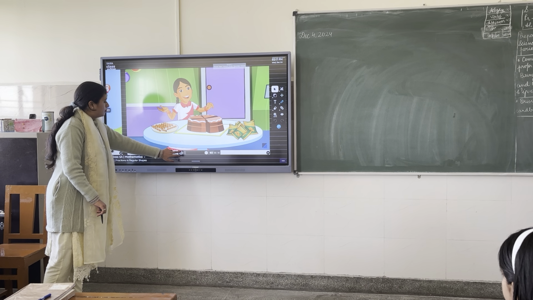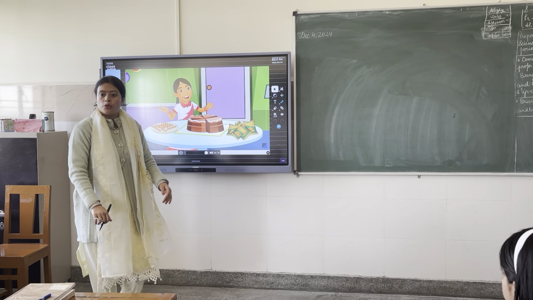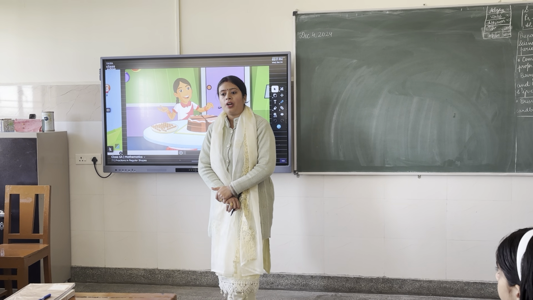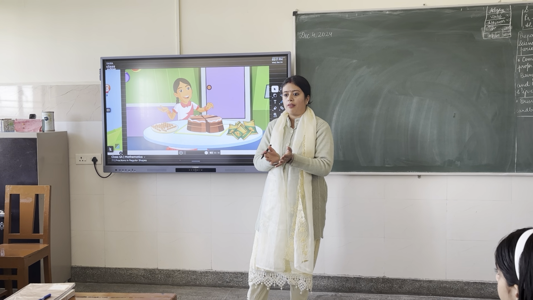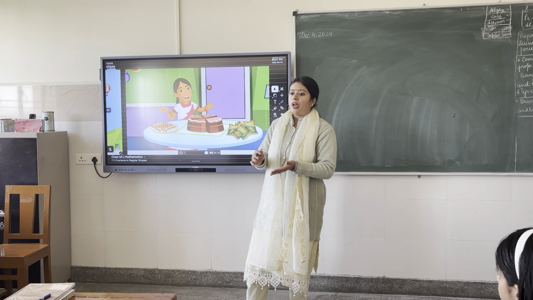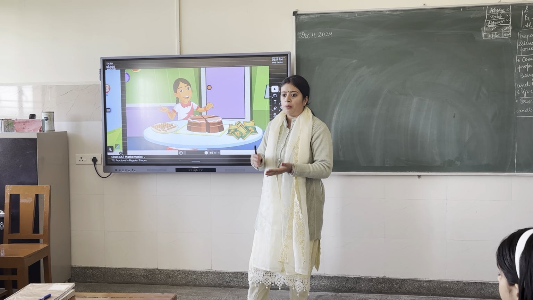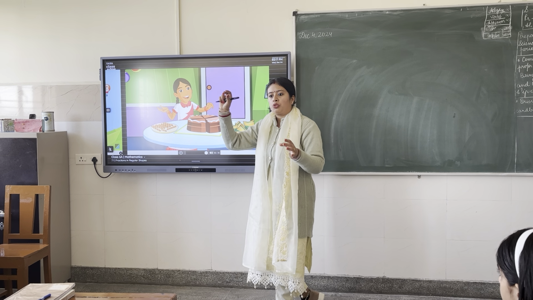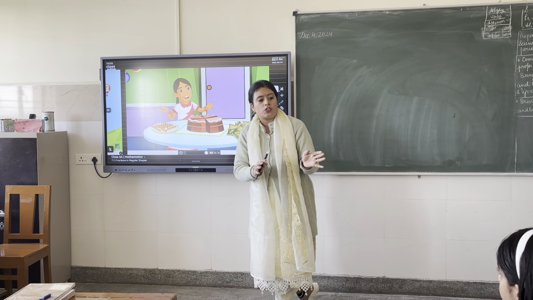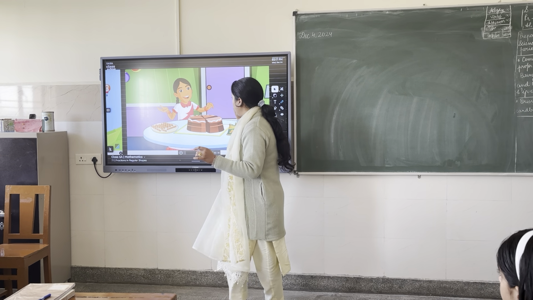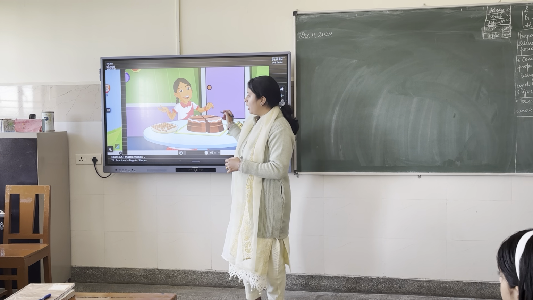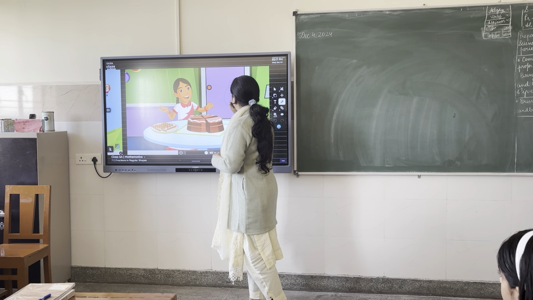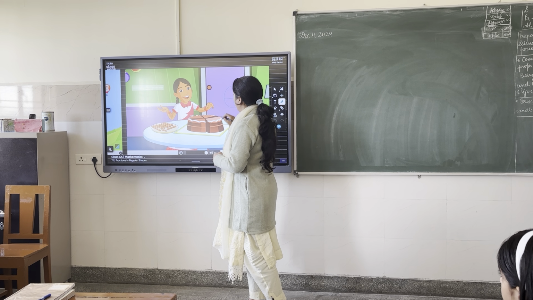Okay, so overall we have learned about fraction that when you have a whole, when you have an object and you have divided it in some equal parts, if you take any part out of it, you can write its fraction. Like as it is mentioned here, the cake has 4 parts and 1 part is taken.